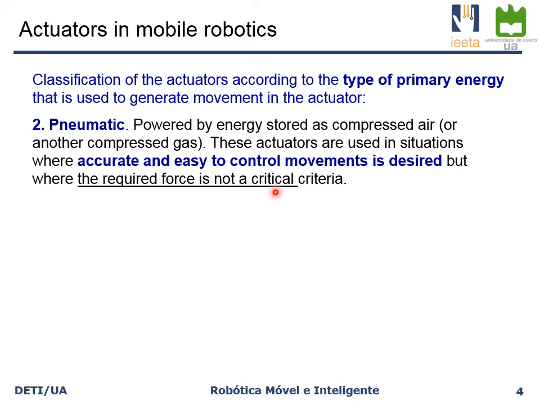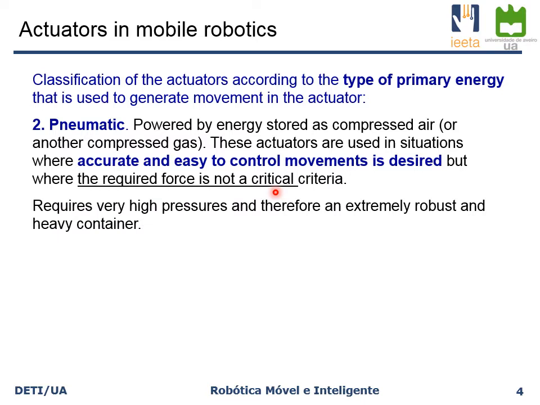This is because basically any gas can be easily compressed, and being compressible, it means that you cannot ensure that the force that you are exerting is enough for the application that you are applying this type of actuators.